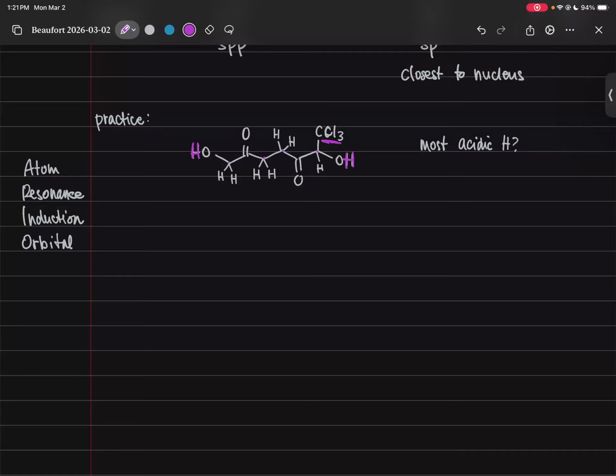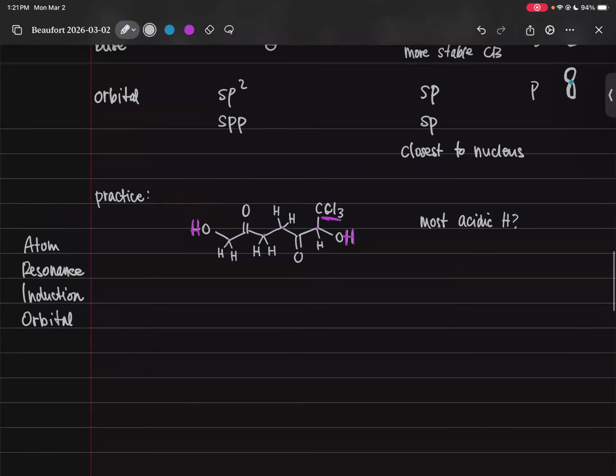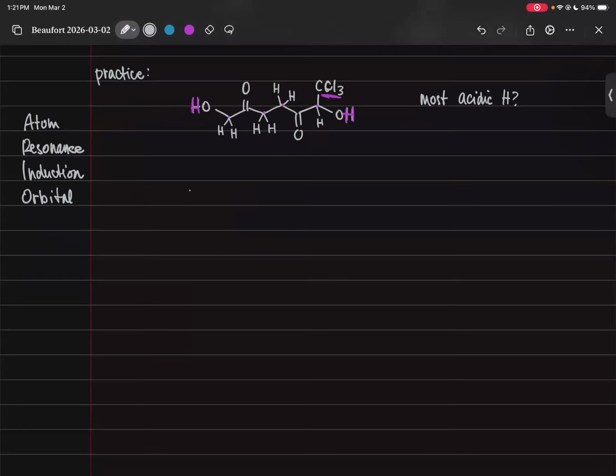That means that the conjugate base, where we've just deprotonated the OH on the right, is going to be stabilized by induction.